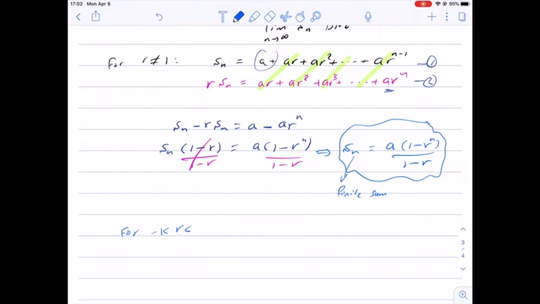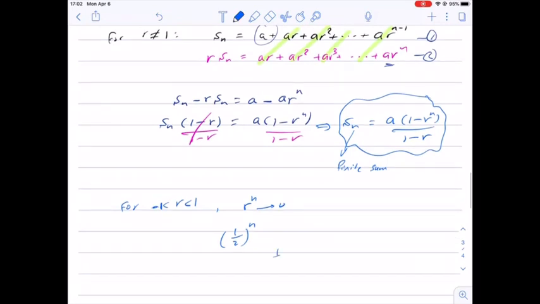Now, for r between -1 and 1, for example, r equals 1/2, we find that r raised to power n goes to 0, because, for example, 1/2 to the power n: when n equals 1, we get 1/2. When n equals 2, we get 1/4.